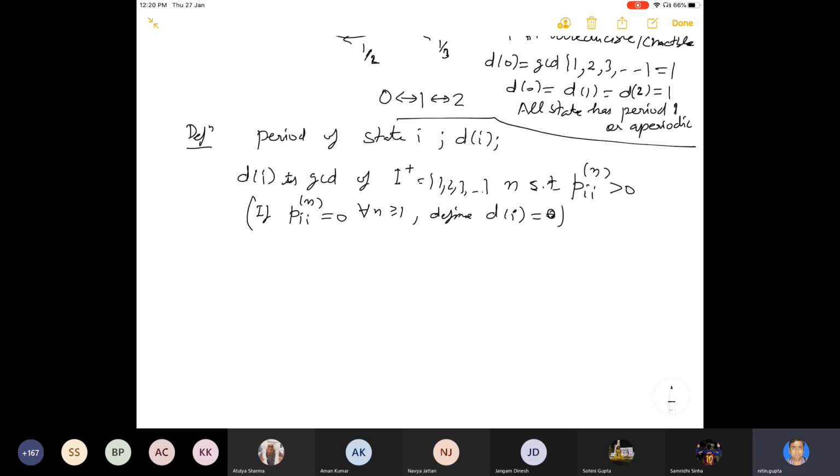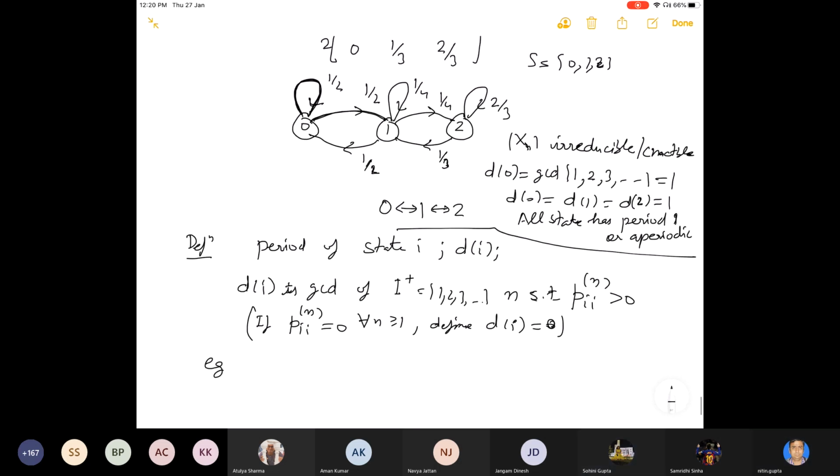Now let us take another example. Could you please explain this again? Yeah, so let us say that I want to find out the period for state 1. I have to take the greatest common divisor of all the values of n such that P11(n) is positive. What is P11(n)?